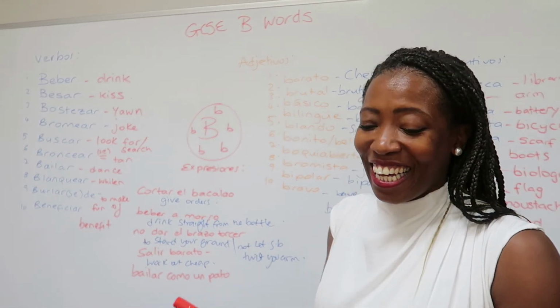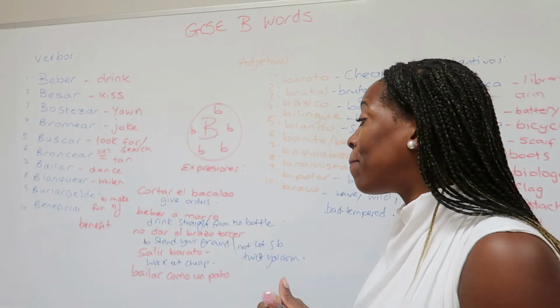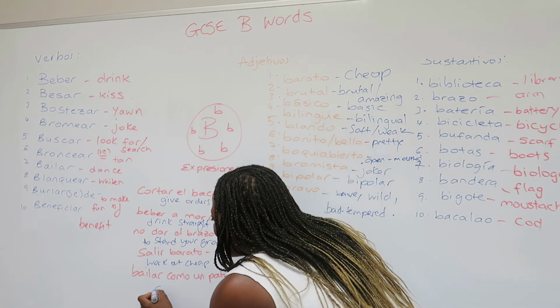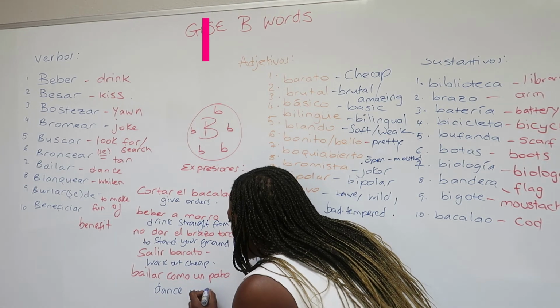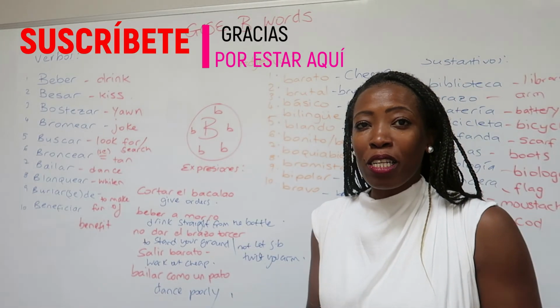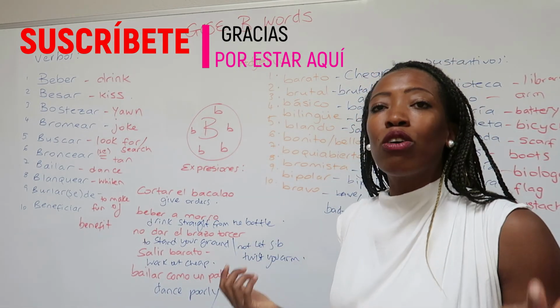What does it mean? I don't know if we say this exactly the same in English, but it's to dance poorly, okay? To have no rhythm, to dance poorly, okay? There you go. See, everyone always expects me to be a fantastic dancer, but I have to say, bailo como un pato.